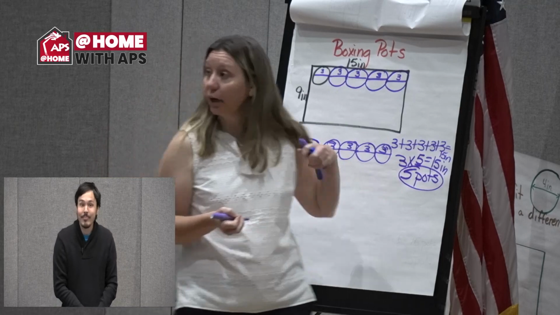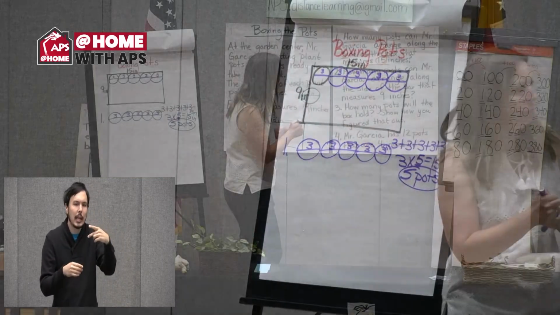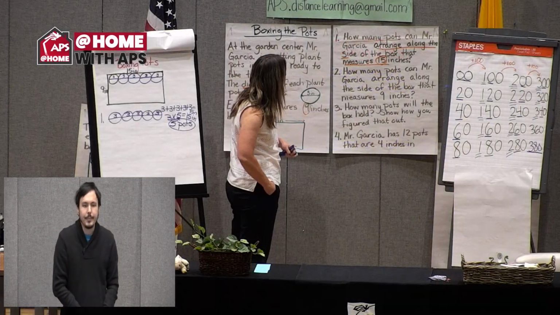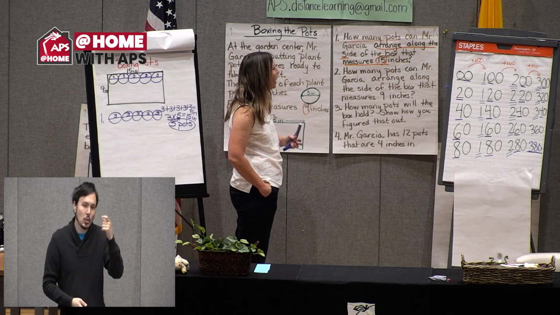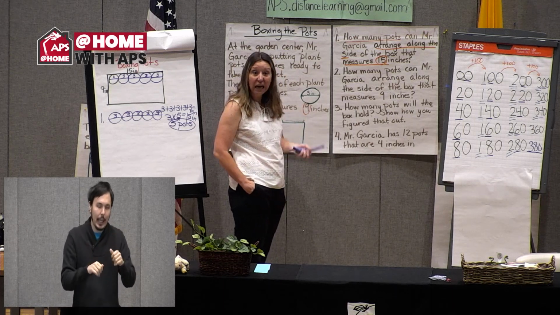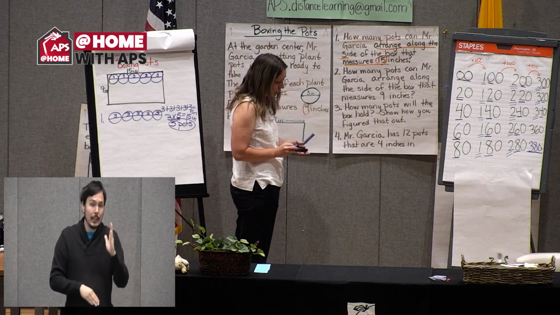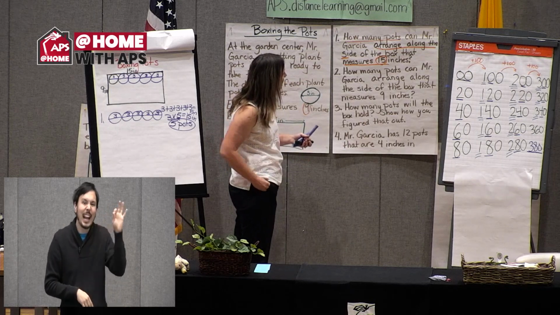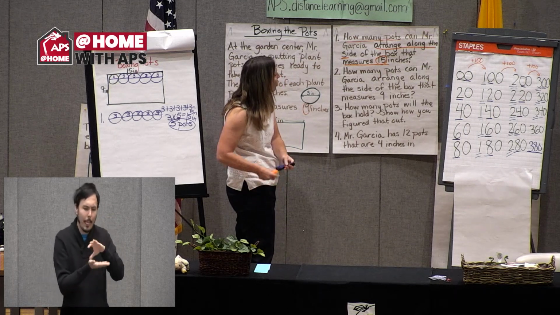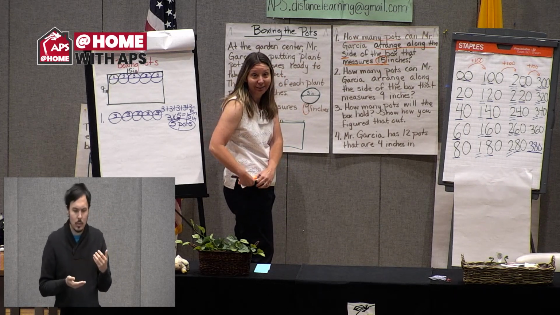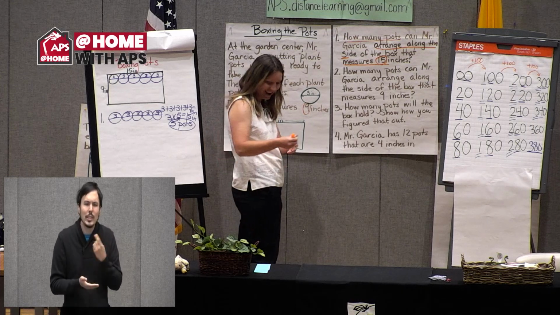So let's go ahead and look at number 2. Now we have, how many pots can Mr. Garcia arrange along the side of the box that measures 9 inches? So let's get our quantities again. What quantity do we have? 9, thank you.